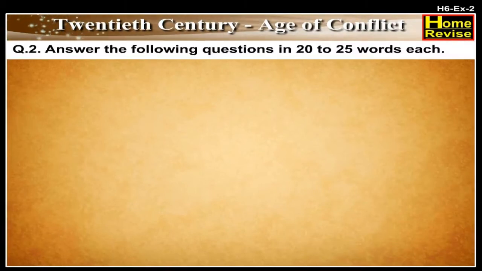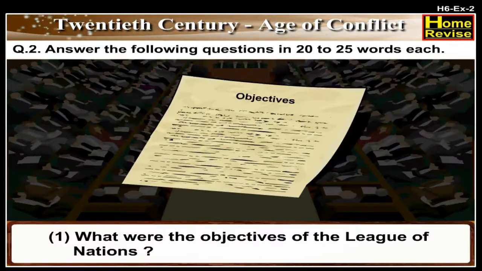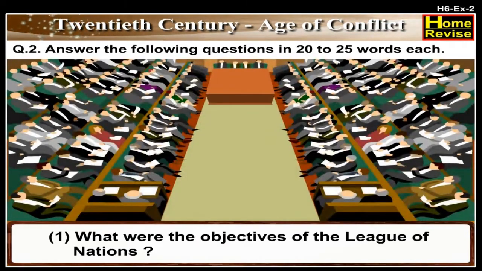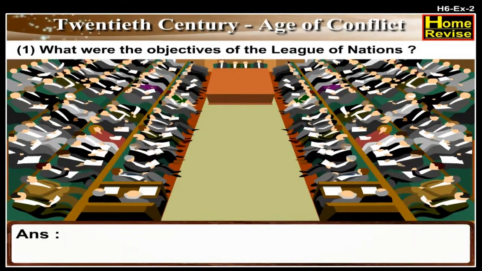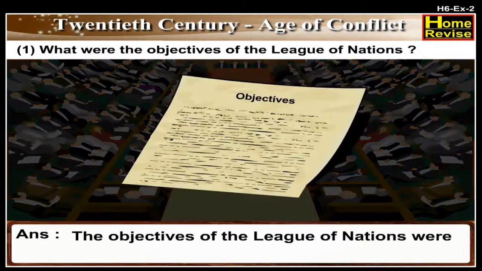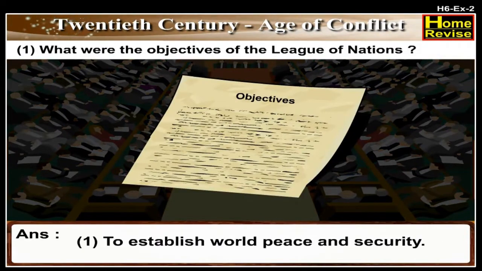Question 2. Answer the following questions in 20 to 25 words each. 1. What were the objectives of the League of Nations? Answer. The objectives of the League of Nations were 1.